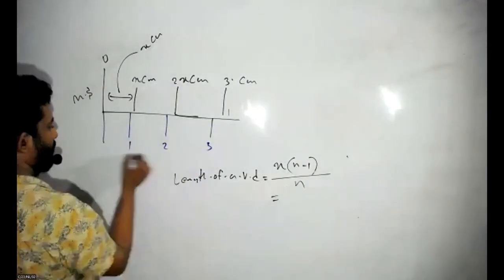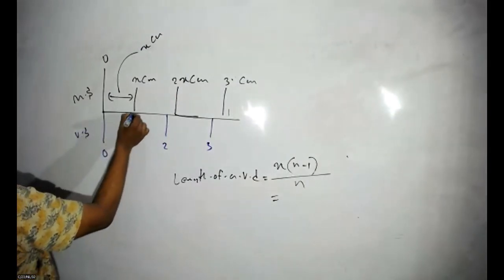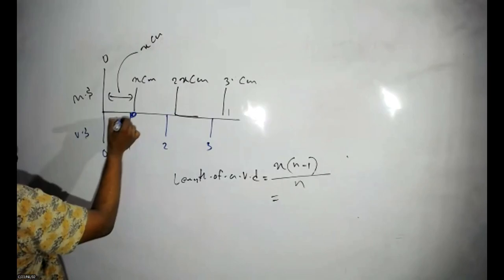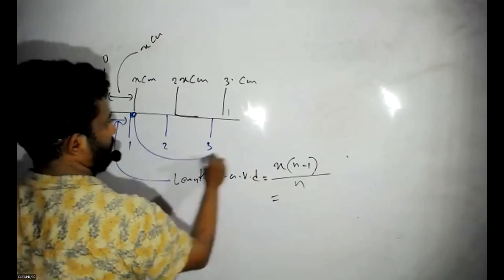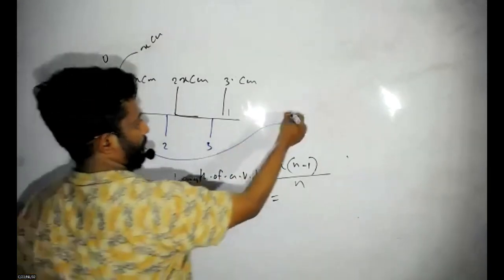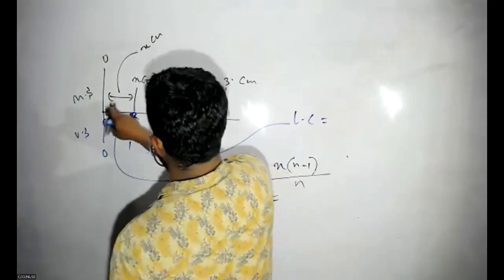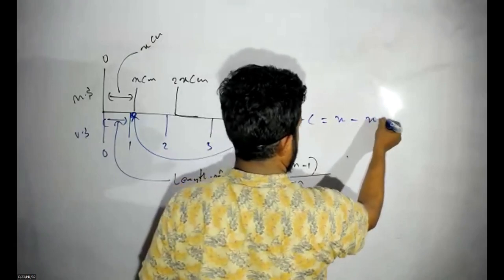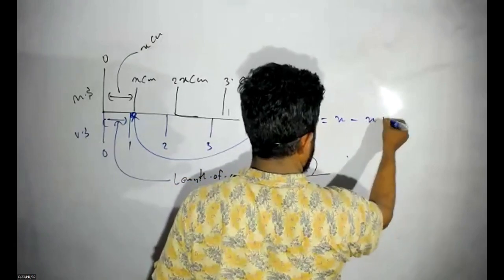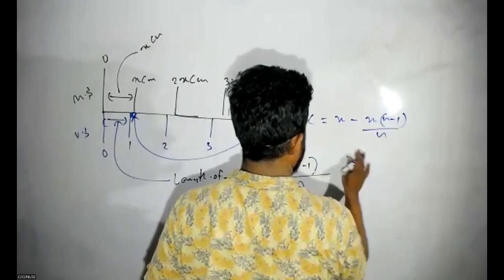1, 2, 3, 0 vernier scale. Then you can find this least count. This one is the length of the vernier division. Least count is the gap between the main scale division and the vernier division: x minus x into n minus 1 over n.